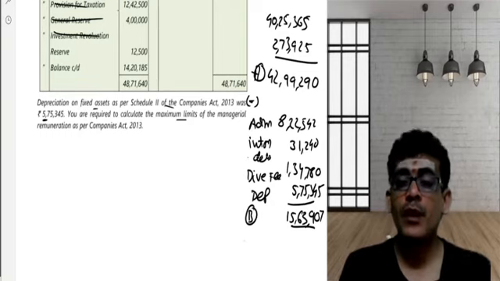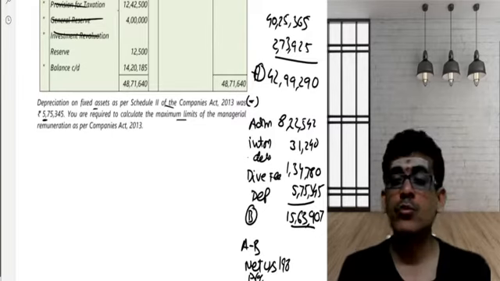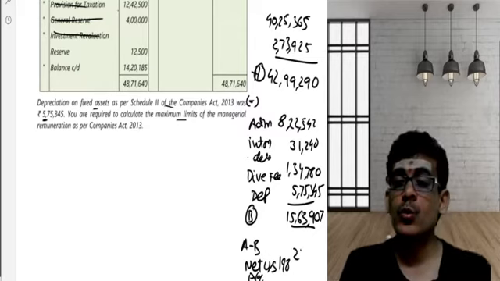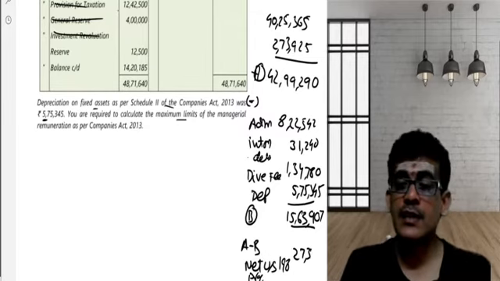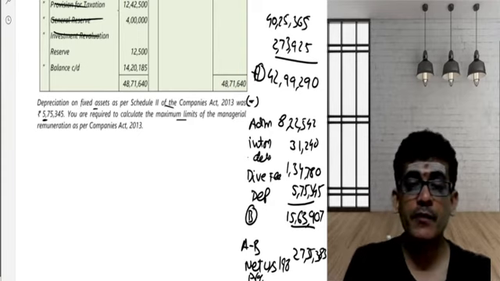Call this B. Now A minus B is the net profit as per section 198. So 42,99,290 minus 15,63,907 will give you 27,35,383. So what is the net profit here?